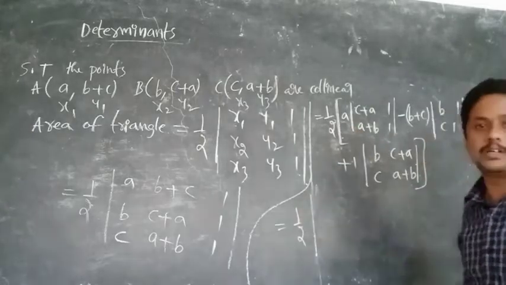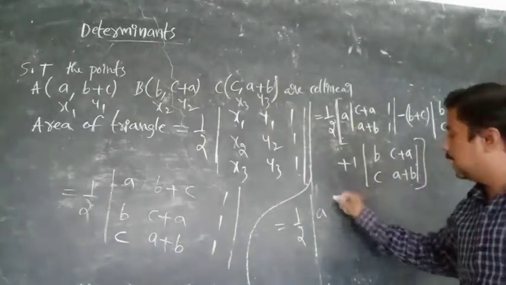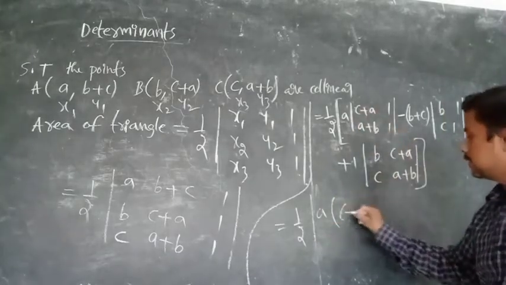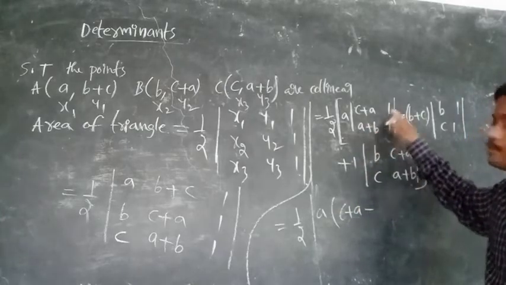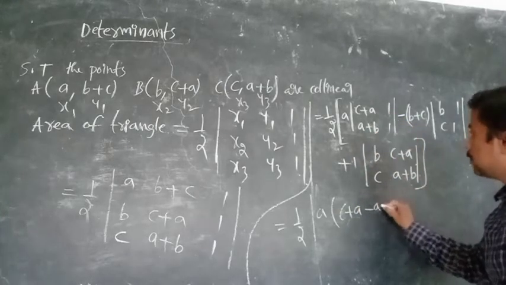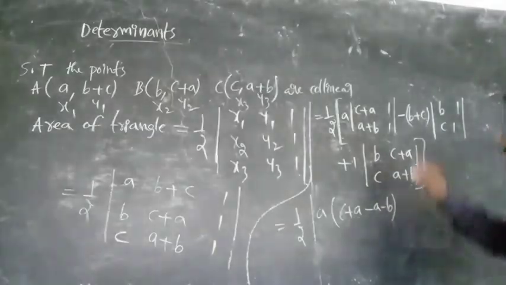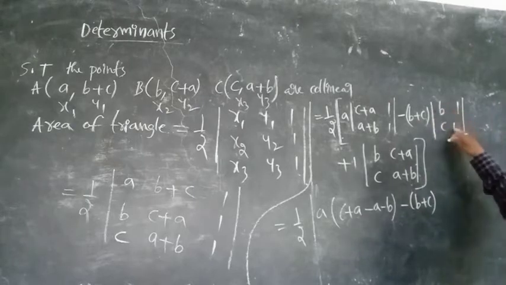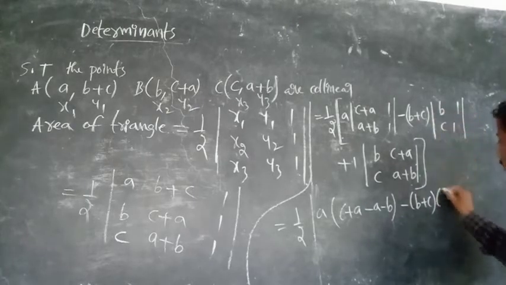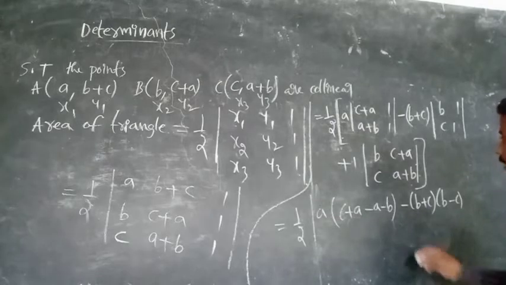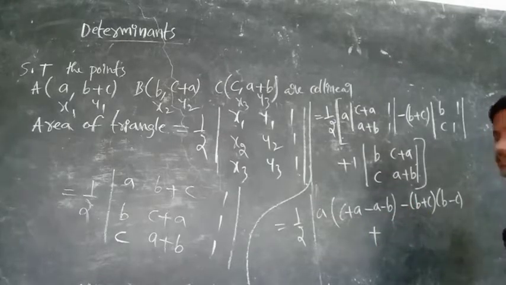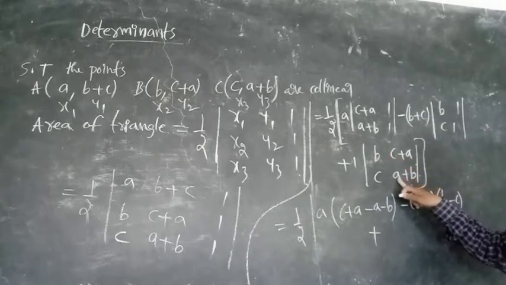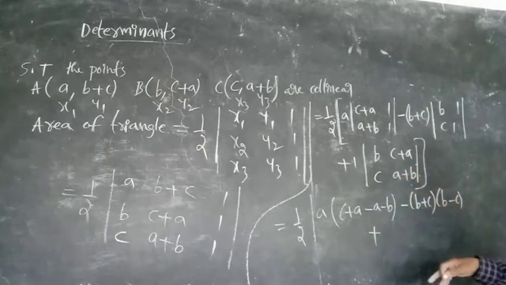Half into, tell me, A into C plus A into 1, C plus C, minus A plus B into 1, A plus B. So minus A, minus B. Next, minus B plus C, B into 1, B, C into 1, C, B minus. Okay. Next, plus B into A, so BA.